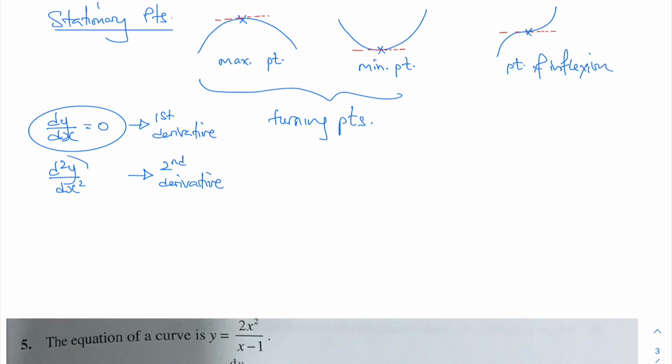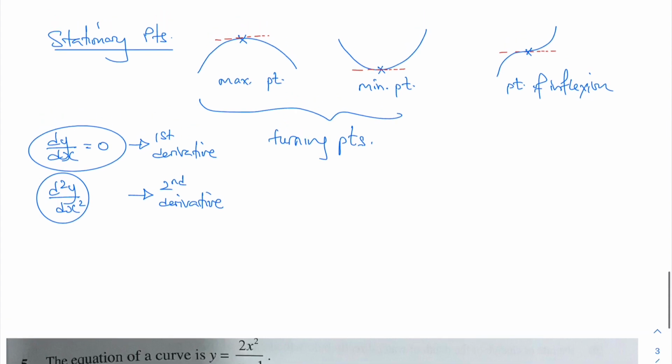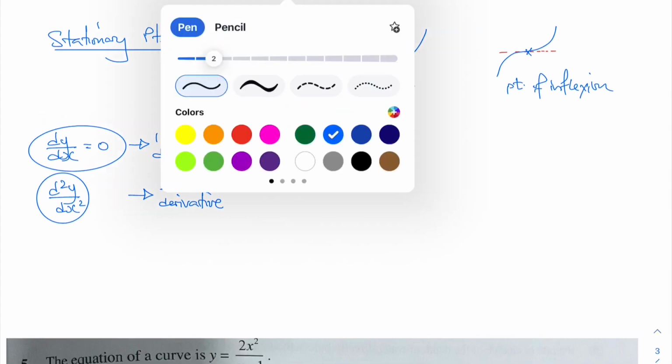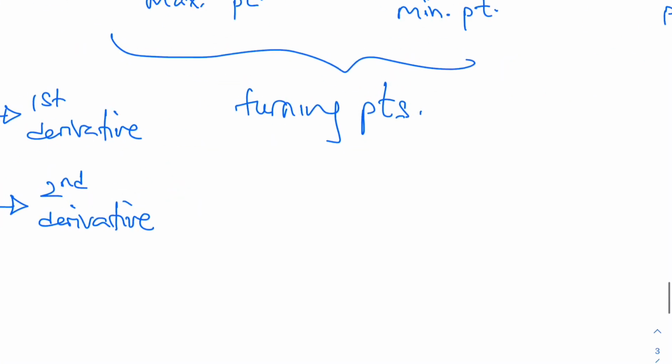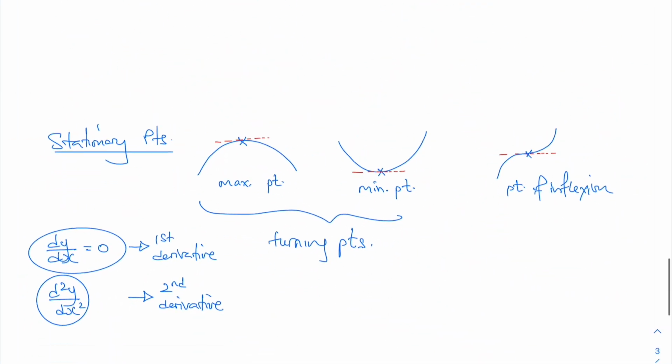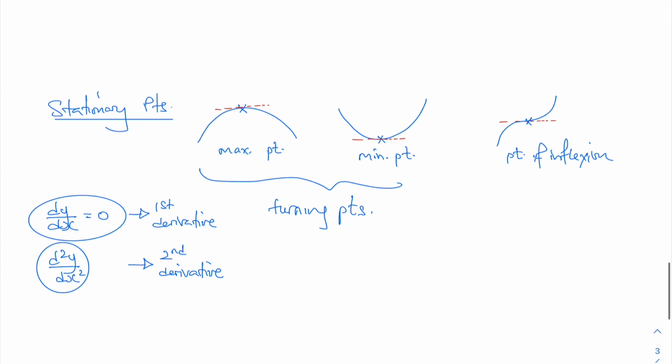So what is so significant about this? Here, I'm going to explain it using this. Now we look at the first stationary point, the maximum point. Imagine if you start from the left side. The gradient here is the orange line.